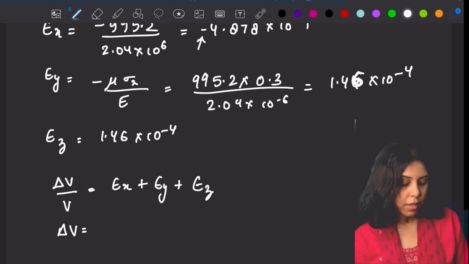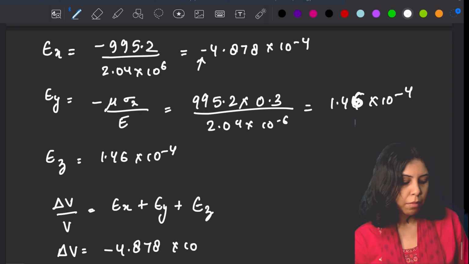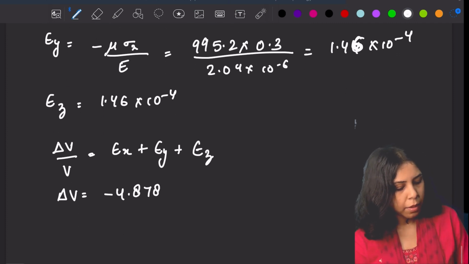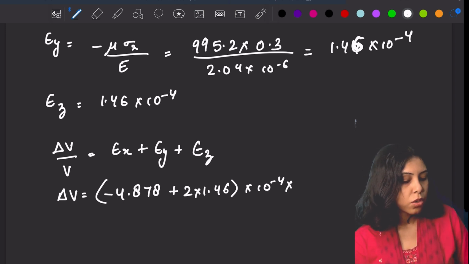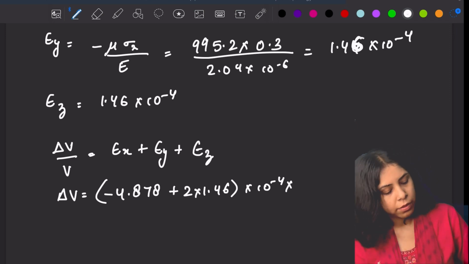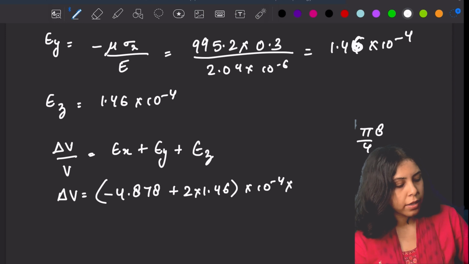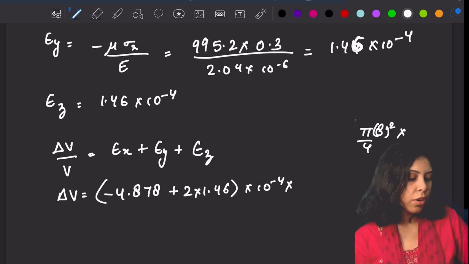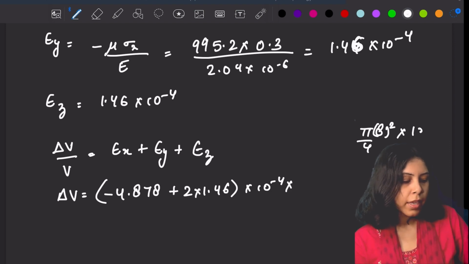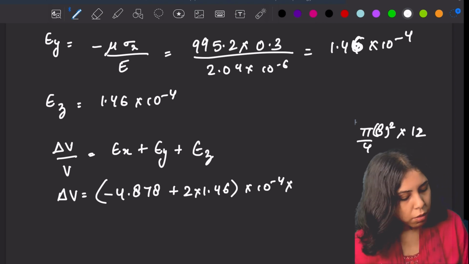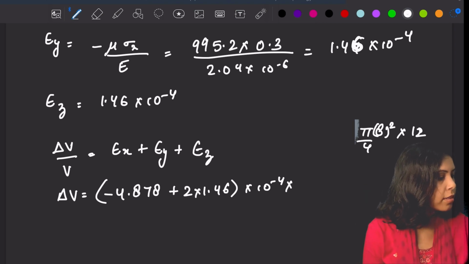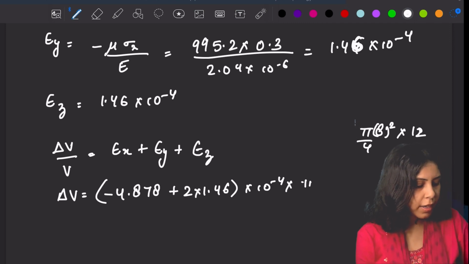So del V, change in volume, is epsilon x, minus 4.878 into 10 to the power minus 4, I will take 10 to the power minus 4 common, plus 2 times 1.46 into 10 to the power minus 4, into the total volume. 120 mm means 12 centimeter, so the total volume is pi by 4 into 8 square into 12.